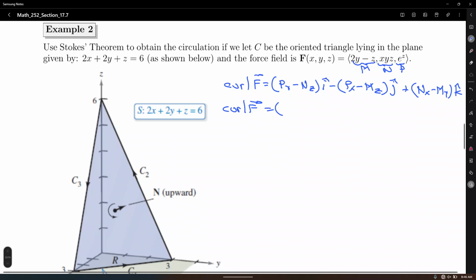Okay, so partial of P with respect to y. Well, there's only z's, so that's a 0. Minus partial of N with respect to z. That's xy, so that's in the direction of i.